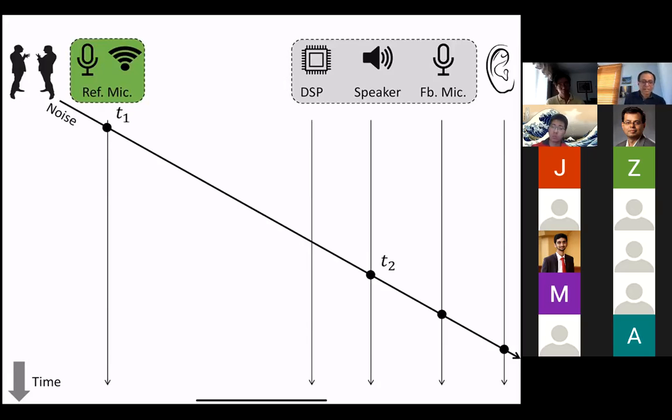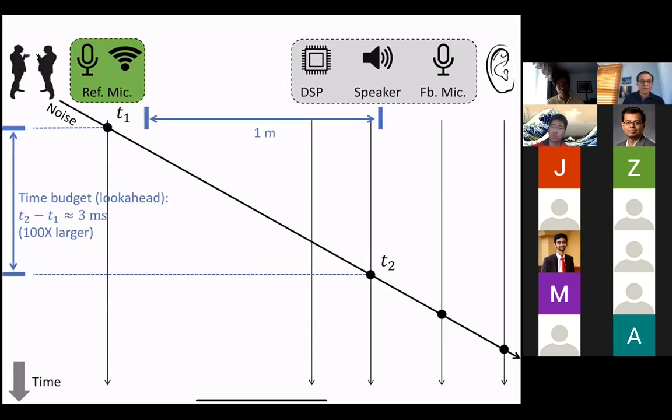The sound arrives at time t1 at the relay, and the relay forwards that over wireless to the DSP. And that is almost instantaneous relative to the speed of sound, right? Light travels 1,000,000 times faster than sound. So now how much time does the DSP have? The DSP has this distance.